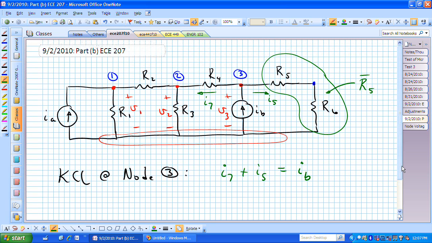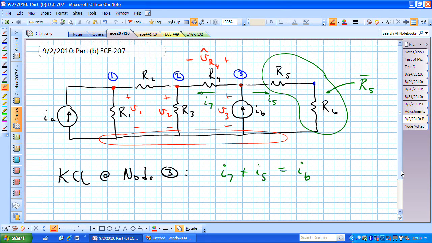Our strategy has been that if we want to have I sub 7 positive from node 3 to node 2, we could say we really want some voltage, let's say V sub R sub 4 hat, in that direction to give us a positive I sub 7 going from right to left, from node 3 to node 2.